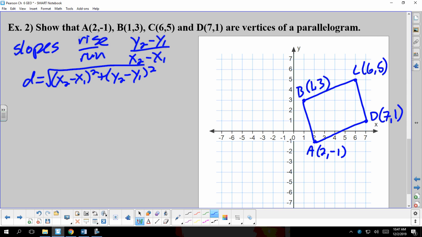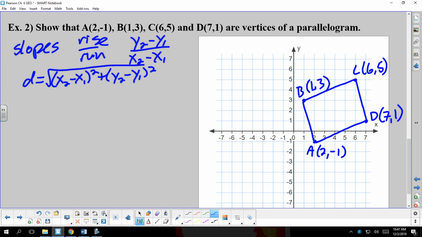So I have a couple of things in the coordinate plane that'll help me. Can I use my midpoint formula for anything? Good, Aries. So find the midpoint of opposite vertices. We call that the diagonal.